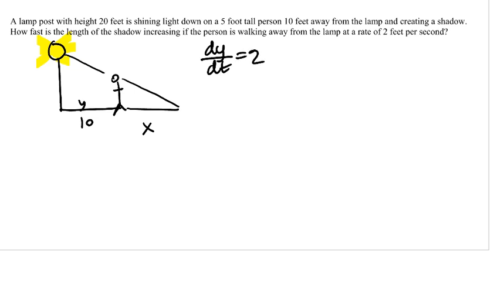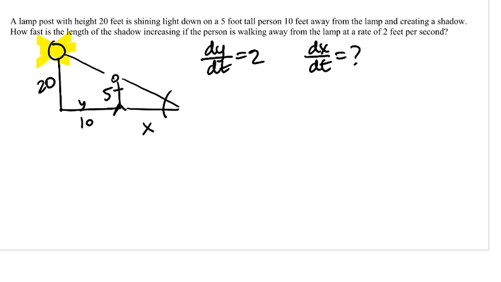Okay. How fast is the length of the shadow increasing? Well, we want dx dt. Okay, so what you've got to do, we also know that this is 20 and this is 5. What you need to do is set up a proportion that describes the proportionality of the triangle defined by the guy and this angle, and the larger triangle defined by the lamp post and that angle.